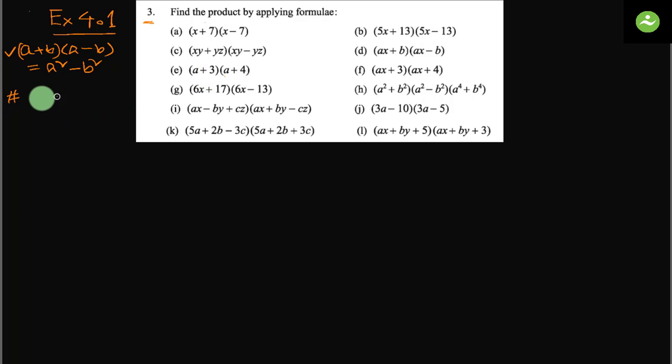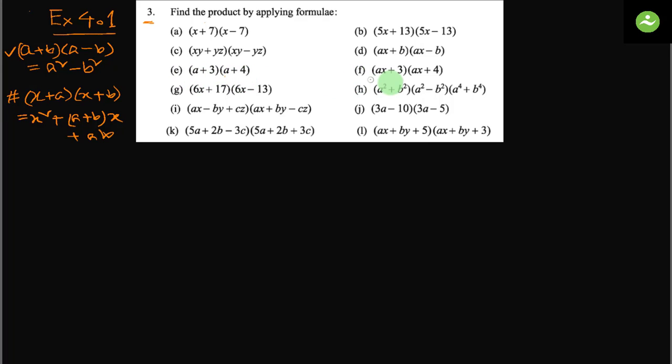We know a formula: x plus A into x plus B equals x square plus A plus B x plus AB. So x plus A, x plus B, where A is different from B. Here, this is the one, it looks like x plus A and x plus B.